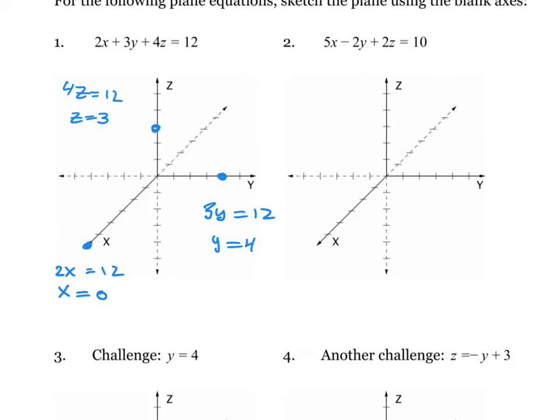And to represent that plane graphically on this three-dimensional grid, we connect those intercepts together with line segments, forming a triangle. And then we shade it to give the impression that it's not just a triangle, it's the plane bounded by those three edges.